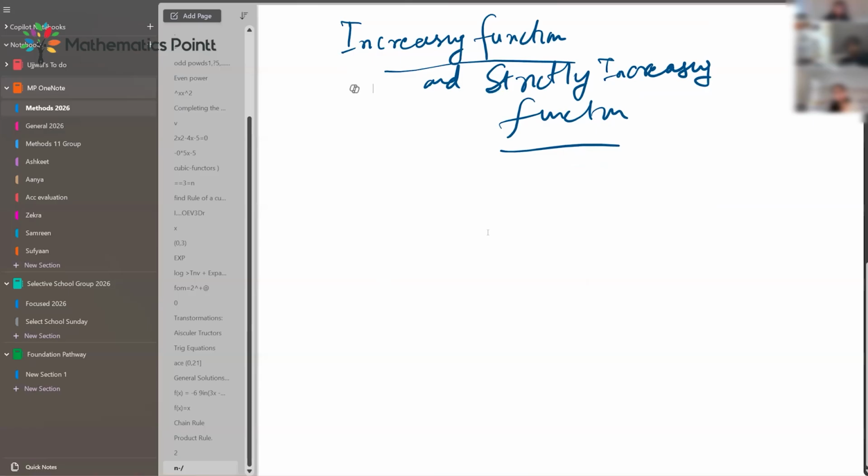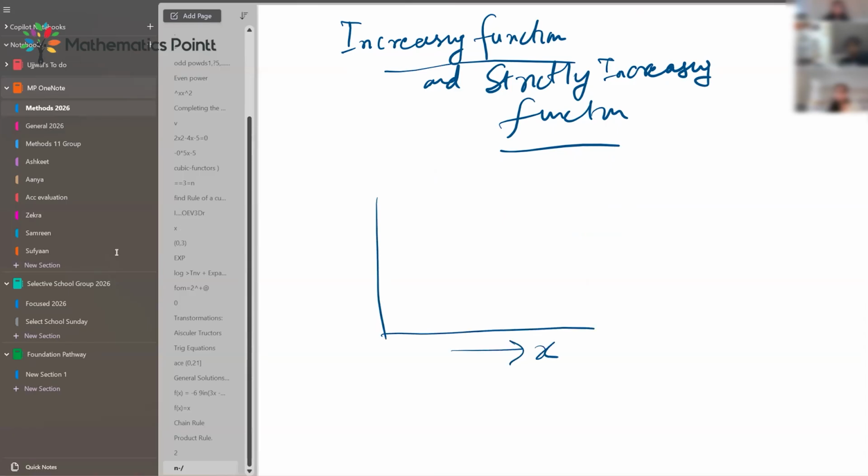Okay, forget about it. Now, the difference is very, very simple. What does increasing mean? Increasing means as your x increases, your y increases. That is what increasing means, which means positive slope, right? So you've got something like this.